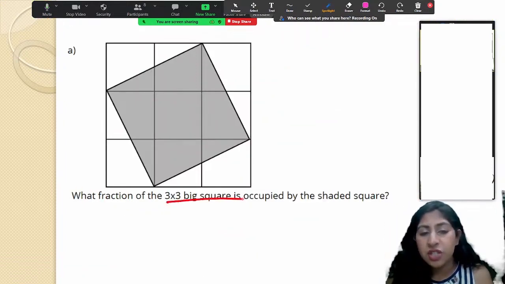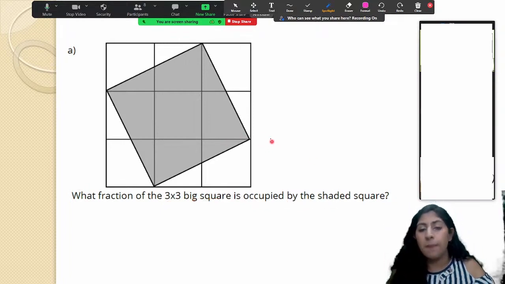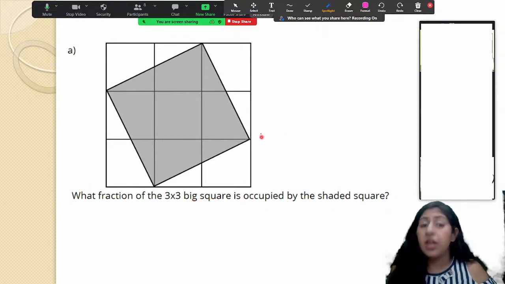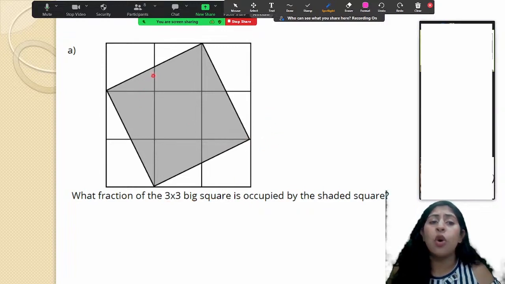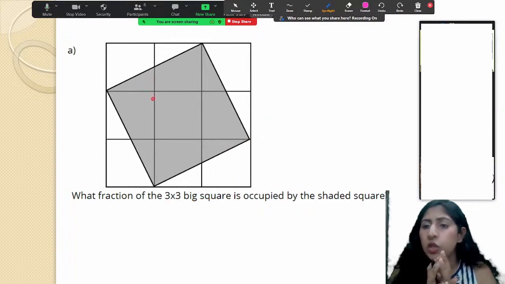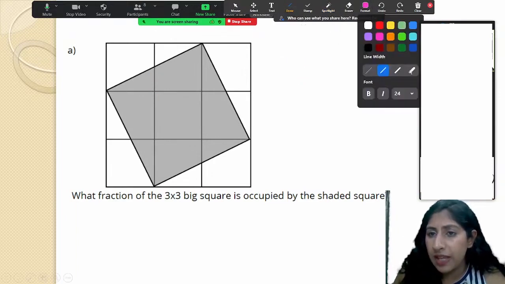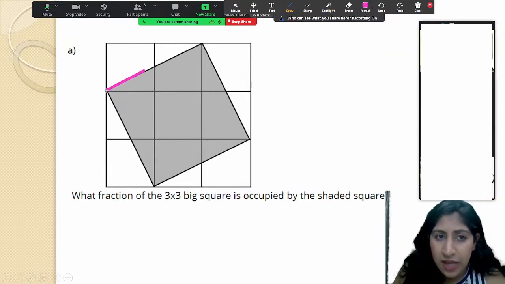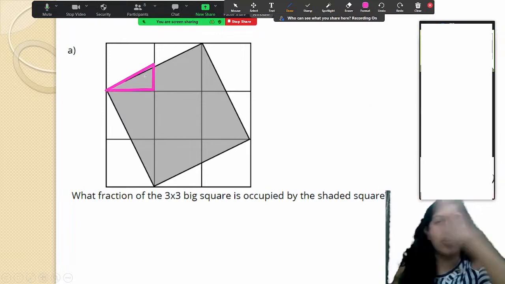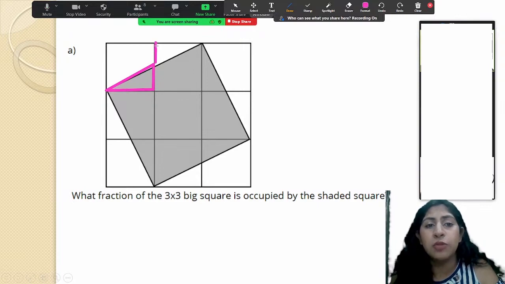What fraction of this 3 cross 3 big square must be shaded over here? Now again, use your properties of square. If you see very closely, the triangle that is shaded in the first square, that's the same triangle over here, right?